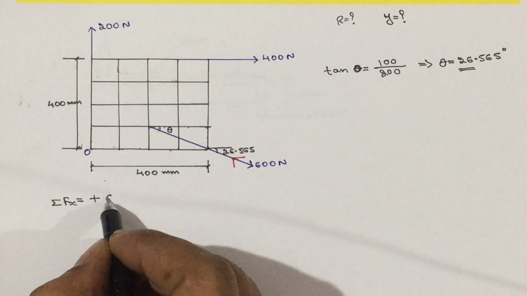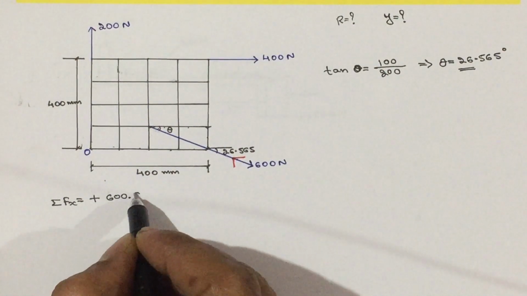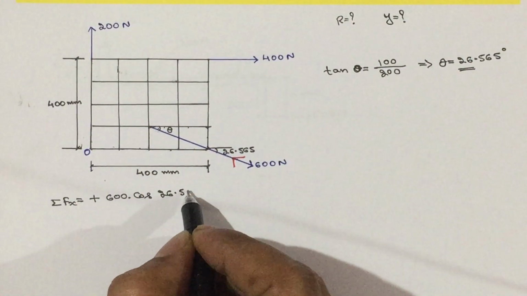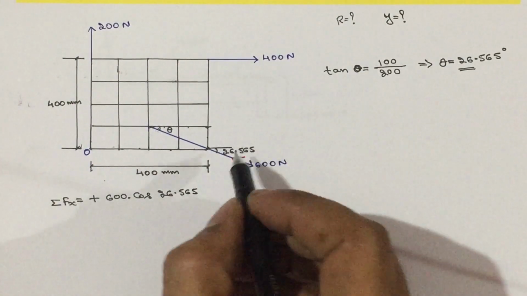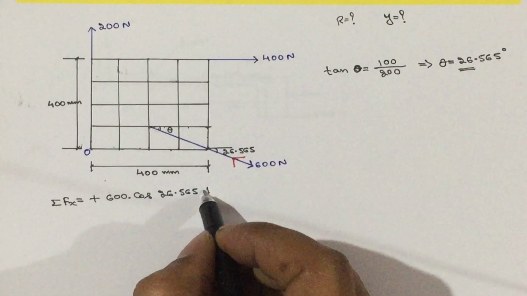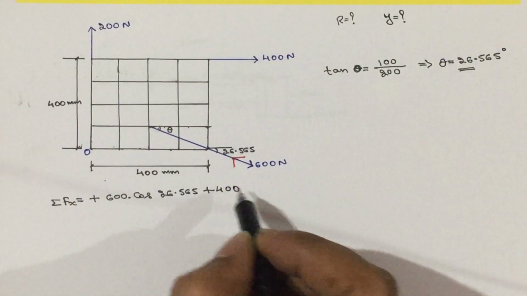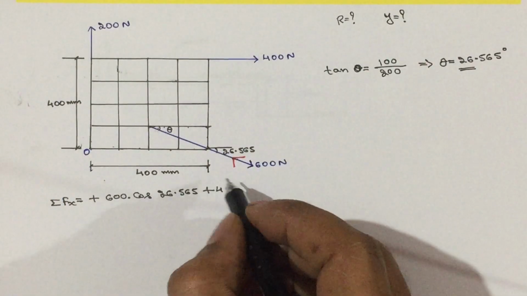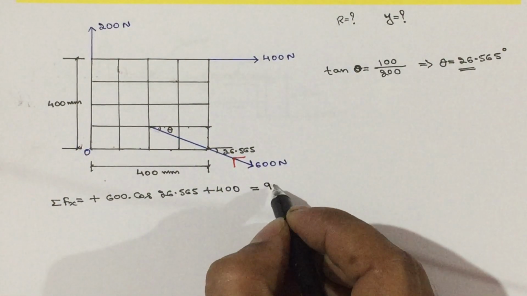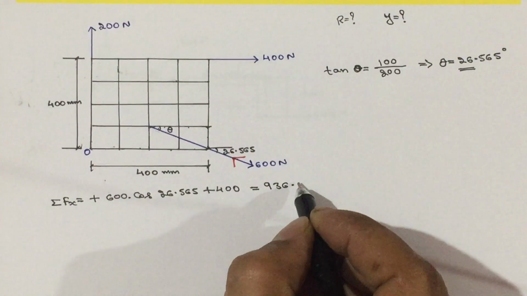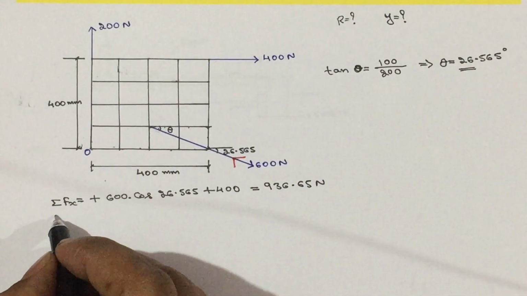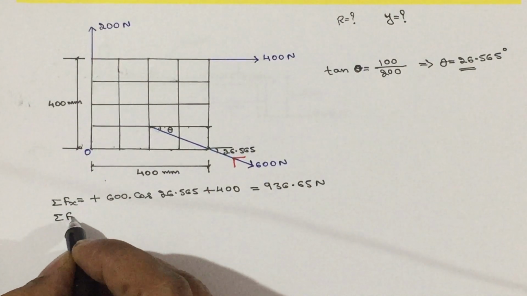The component is f cos theta, 600 into cos of 26.565. The vertical component we leave. Horizontal force rightward, so plus 400. Vertical force we leave. So you will get the value as 936.365 Newton.